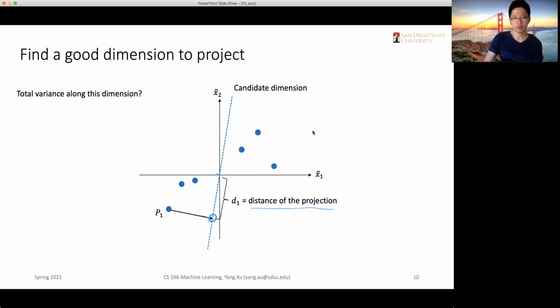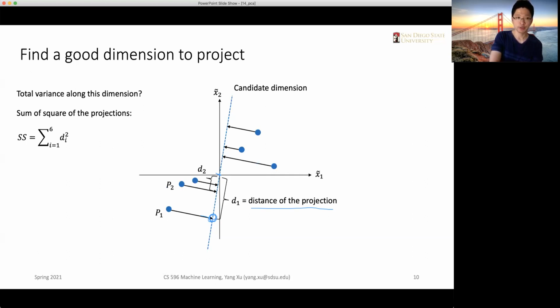Okay, so we do that for all the data points. For P2, we will have a second distance, D2, and so on for all of those distances. So we can simply use the sum of squares of those projections to measure the total variance along this candidate dimension.